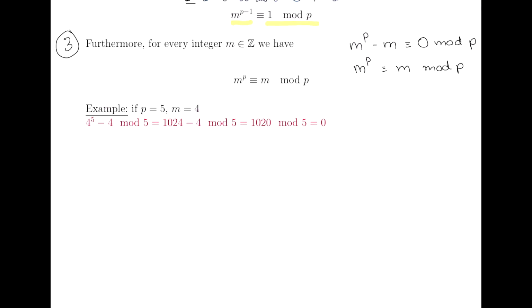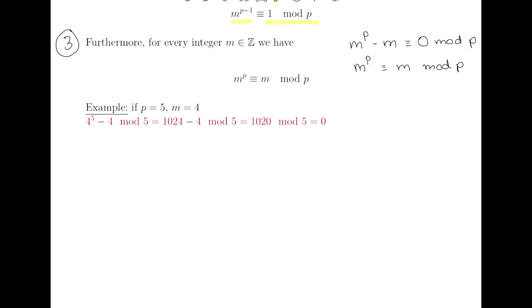Let's take a look at a small example where I say P is equal to 5 and M is equal to 4. I already wrote it out, but if I have my equation M to the P minus M mod P, then I'm going to replace M here with 4, P is 5, and of course I'm going to do that mod 5.